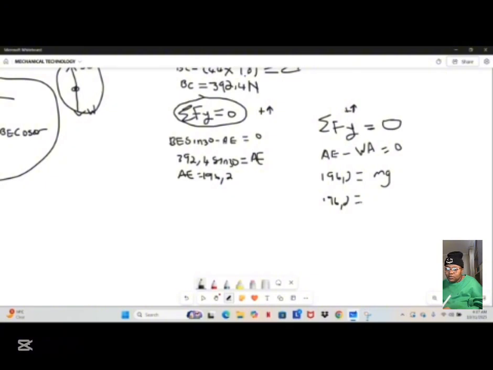This and this will cancel, and then we'll be left with m of A is equal to 90 divided by 2, 2 divided by 9.81, which is equal to 20.